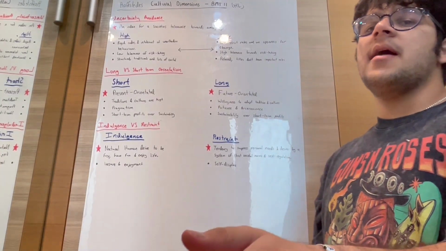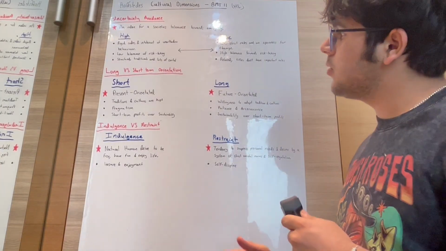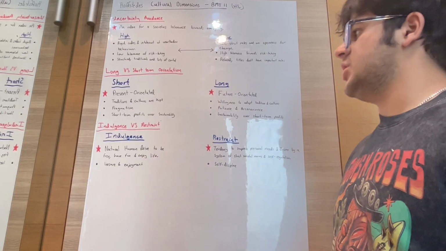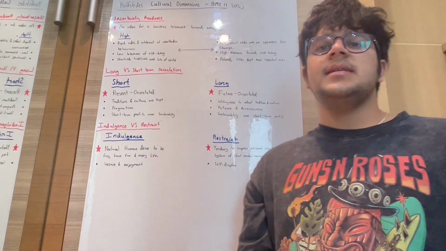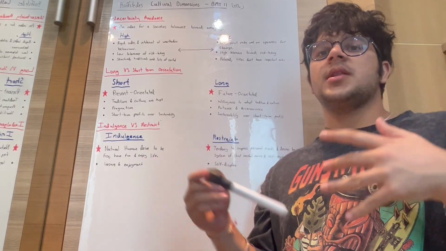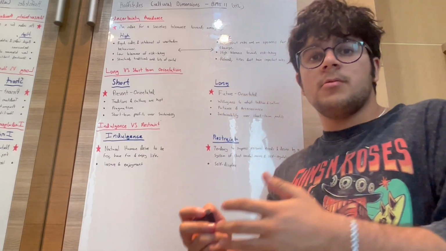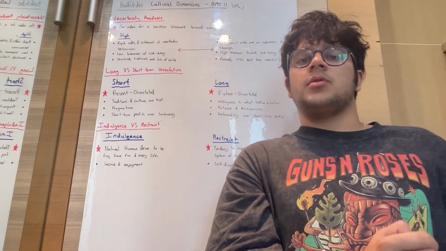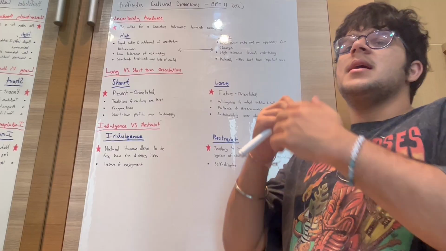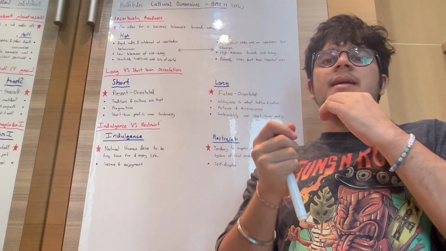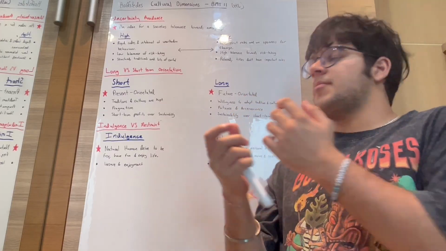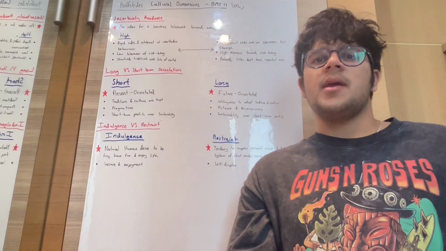So now we have what we call long-term versus short-term orientation, okay? This is the cultural dimension that basically connects the past with attitudes towards the future, and links how people deal with the challenges of the present as well as the future, okay?